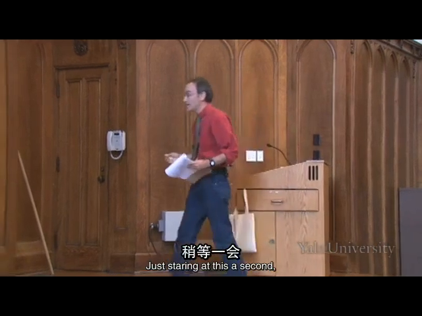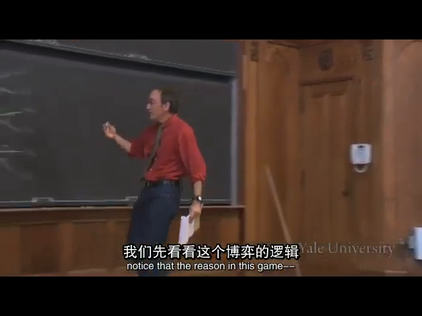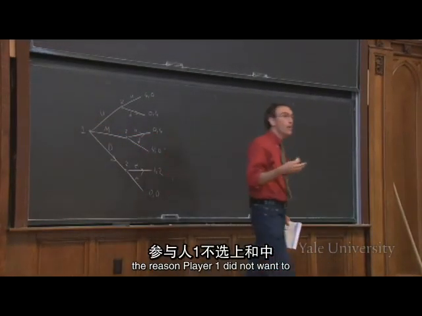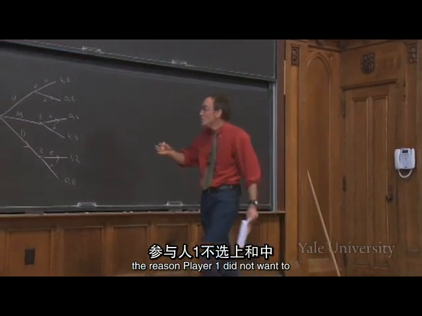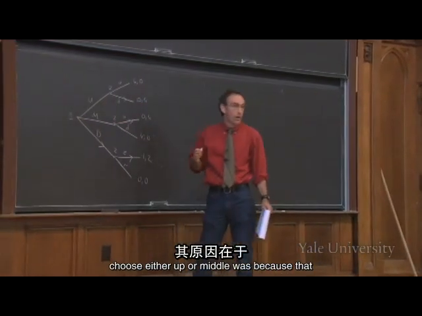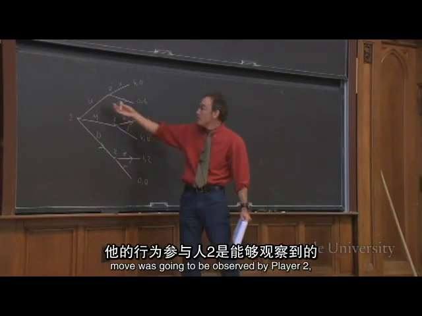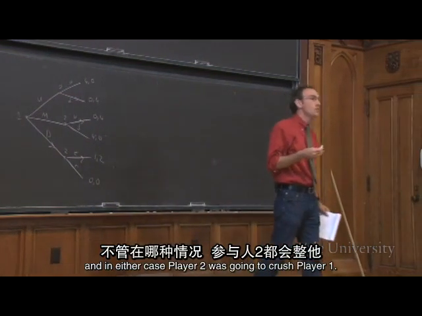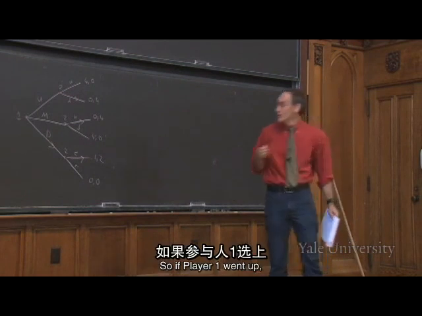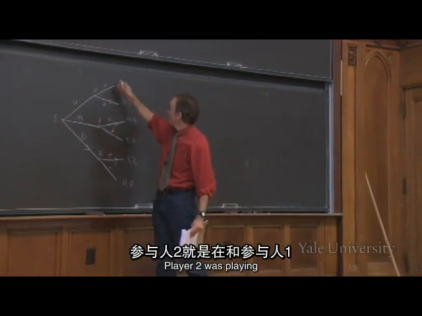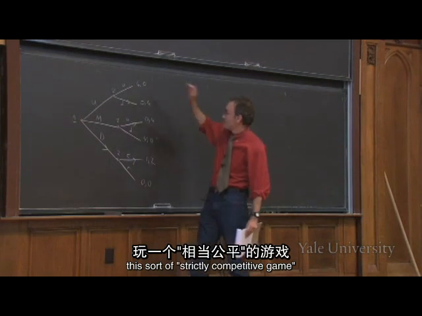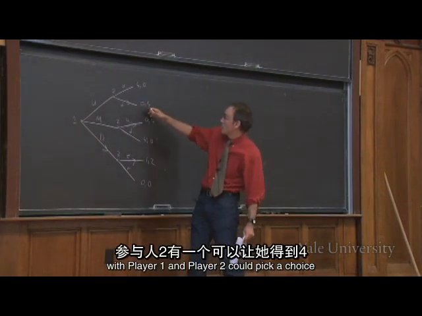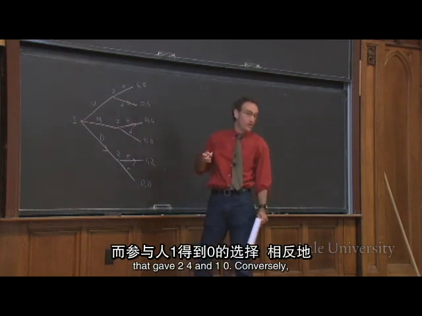And just staring at this a second, taking a step back from backward induction, the reason player 1 did not want to choose either up or middle was because that move was going to be observed by player 2, and in either case, player 2 was going to crush player 1. Right? So if player 1 went up, player 2 was playing this sort of strictly competitive game with player 1, and player 2 could make a choice that gave 2, 4, and 1, 0.